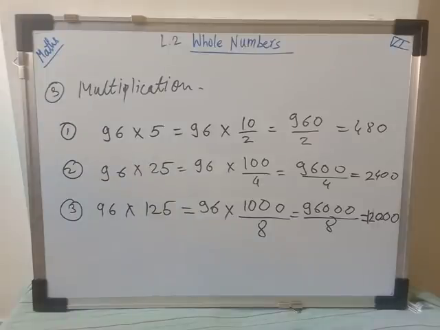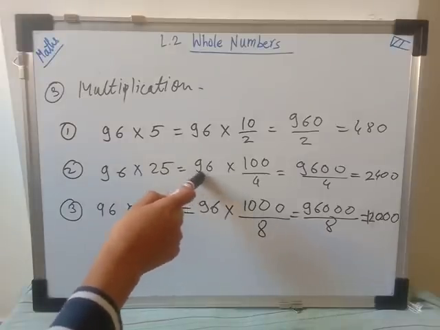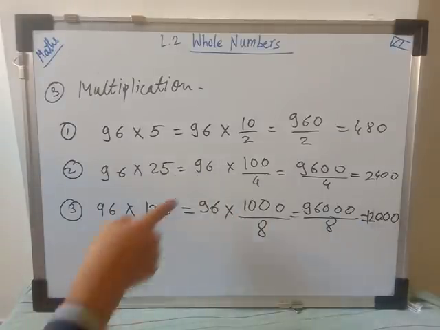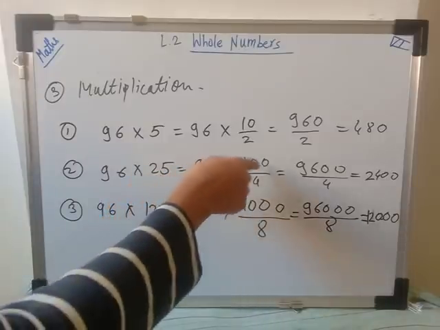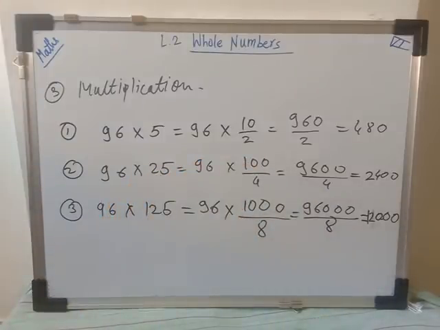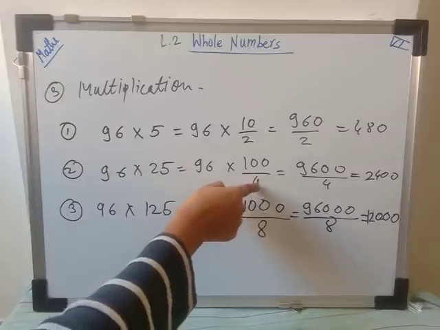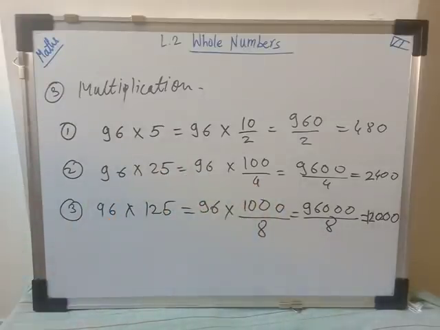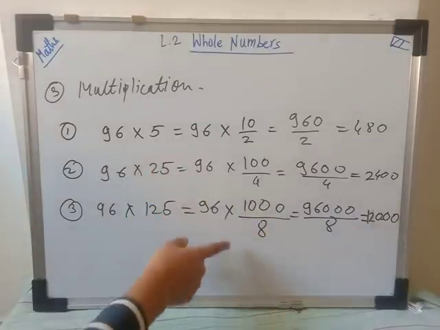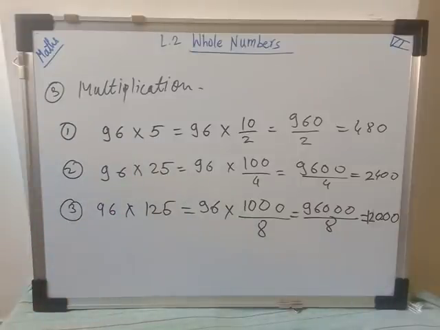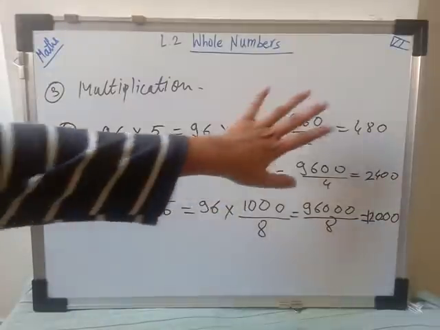In this form, the mathematical rule is that whatever whole number is there, you have to multiply it with the numerator, and the denominator is always divisible by the whole number. This is the rule you have to remember. It will help you whenever you solve this type of question, when we learn fractions.